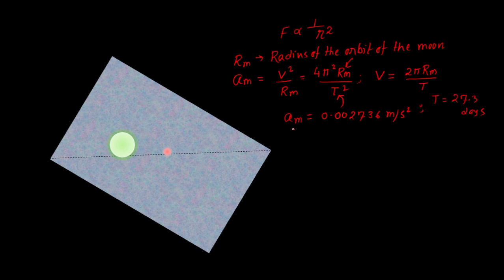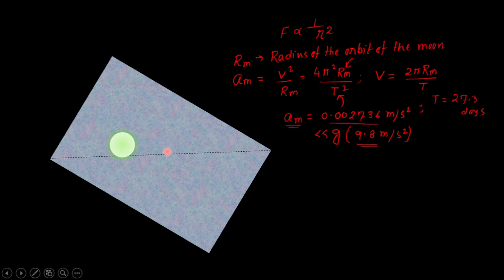This is the centripetal acceleration of the orbiting moon due to the gravity of the earth, and observe that this clearly shows that the force due to earth's gravity decreases with distance.